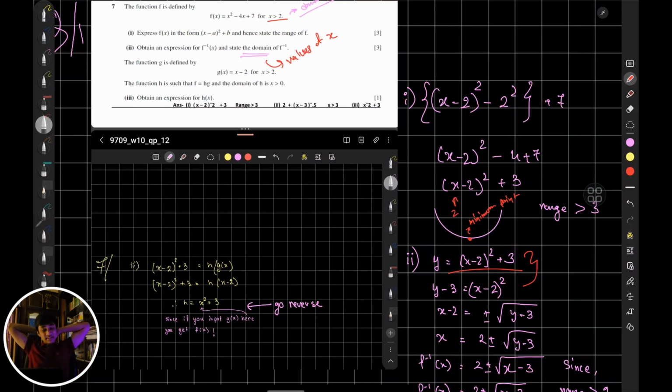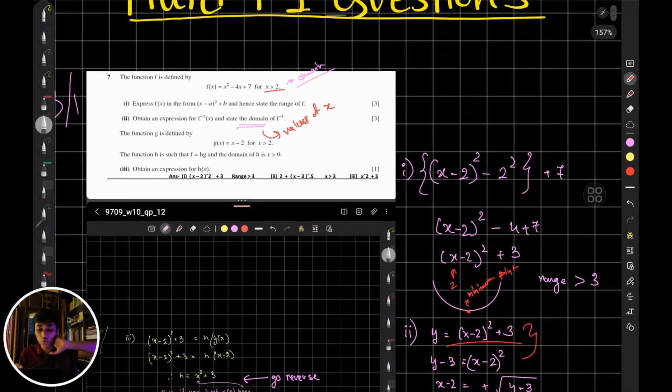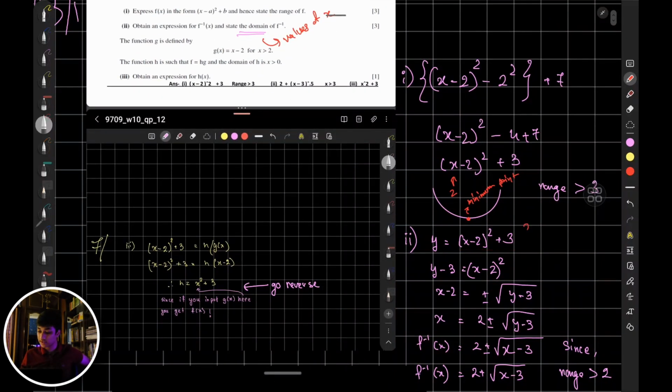When you do this, you can easily make x the subject and get the inverse function. But when you have a quadratic equation like this, it's very difficult to make x the subject and get the inverse function. Which is why we always complete the square to get the inverse function.